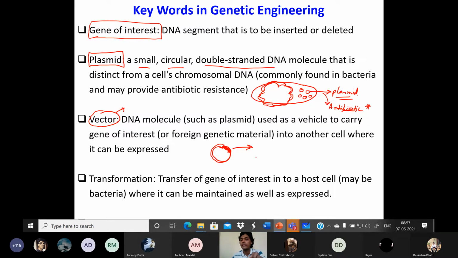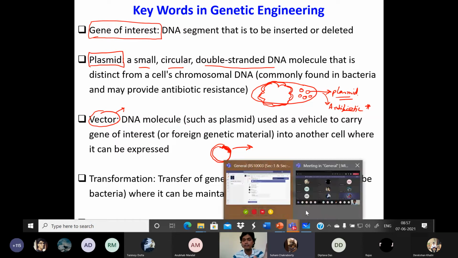Some things you might not understand or connect right now, but I promise that if you are providing enough attention, within 30 minutes you will get all those links. I will discuss all the way so that you can connect everything, how we make a foreign protein inside E. coli. Okay.